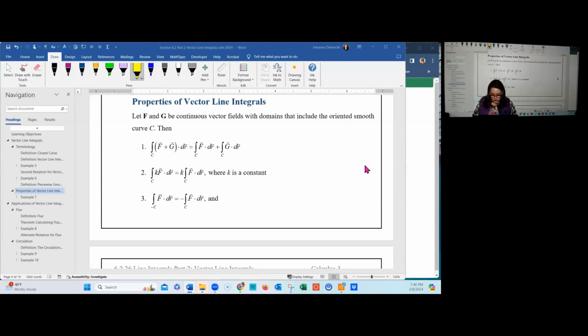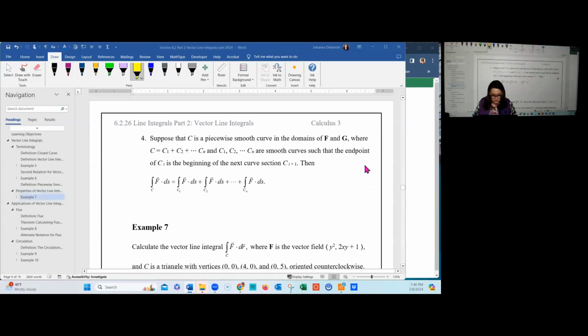The last one refers back to what we just defined with piecewise smooth curves. Suppose you have a piecewise smooth curve in the domains of both f and g, and your curve is the sum of piecewise smooth sections, where each section itself is smooth, such that the endpoint of one C sub i is the beginning of the next curve section, C sub i plus 1.